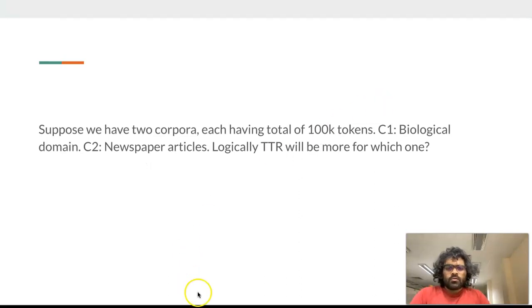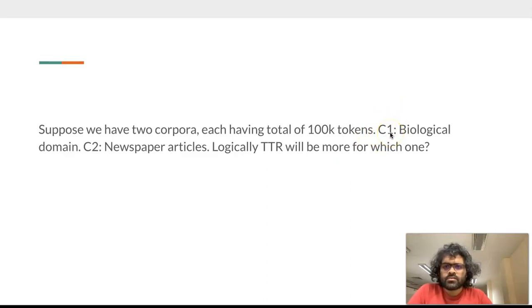Now another question related to type token ratio. Suppose we have two corpora, each with 1 lakh tokens. Corpora means basically a collection of sentences.